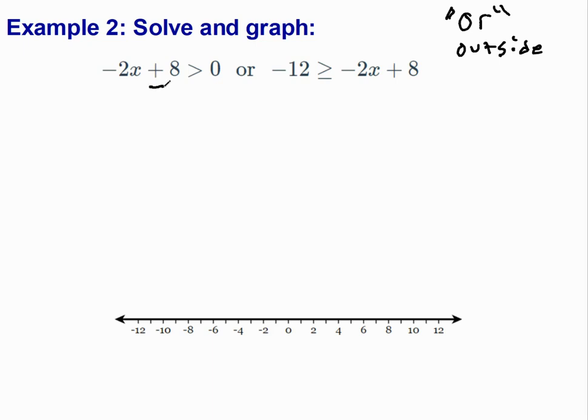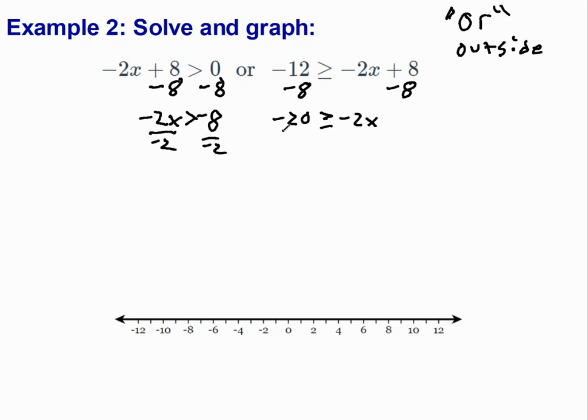So I'm going to start by subtracting 8. I'm going to solve both of these inequalities at the same time. So I'm going to subtract 8 all around. I get negative 2x is greater than negative 8, and negative 20 is greater than or equal to negative 2x. Then to get rid of that negative 2, I'm going to divide by negative 2 all around.